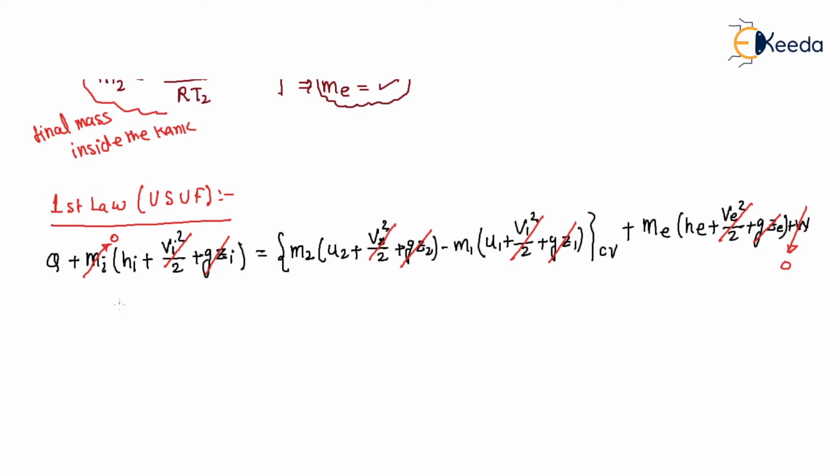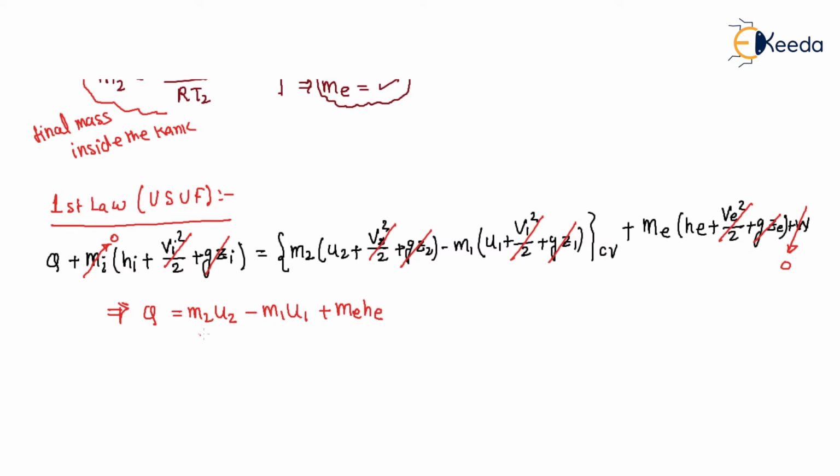So what is the equation? The equation is Q is equal to M2 U2 minus M1 U1 plus ME HE, right?